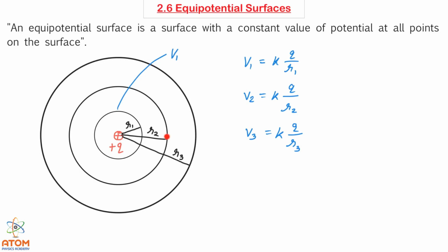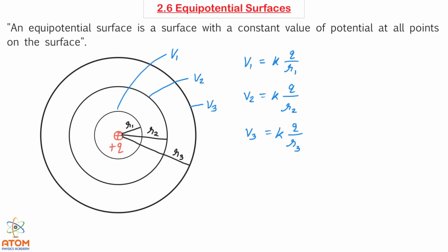Now, if you take another spherical shell having radius r2, then on this shell everywhere the distance is r2, that's why the potential will be V2. Let me note down here. On this surface everywhere the potential will be V2, and the same way here the potential will be V3 as per the equation kq upon r3.